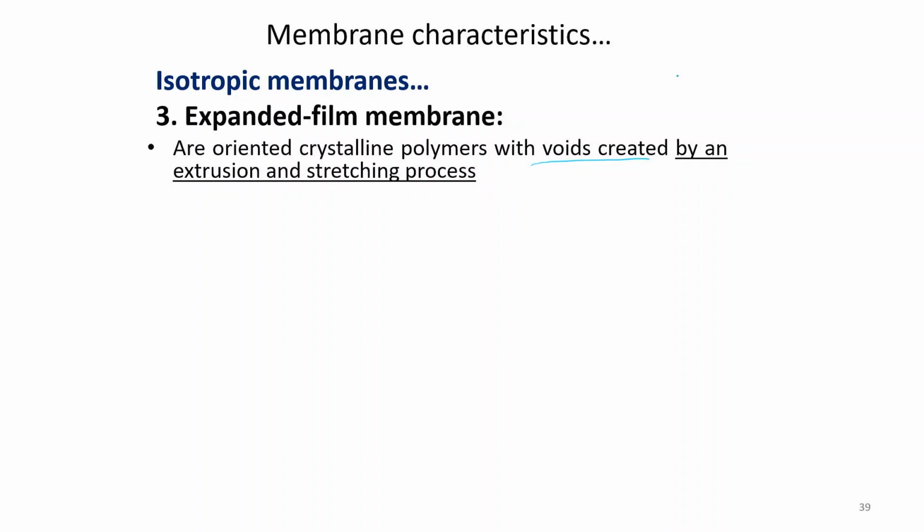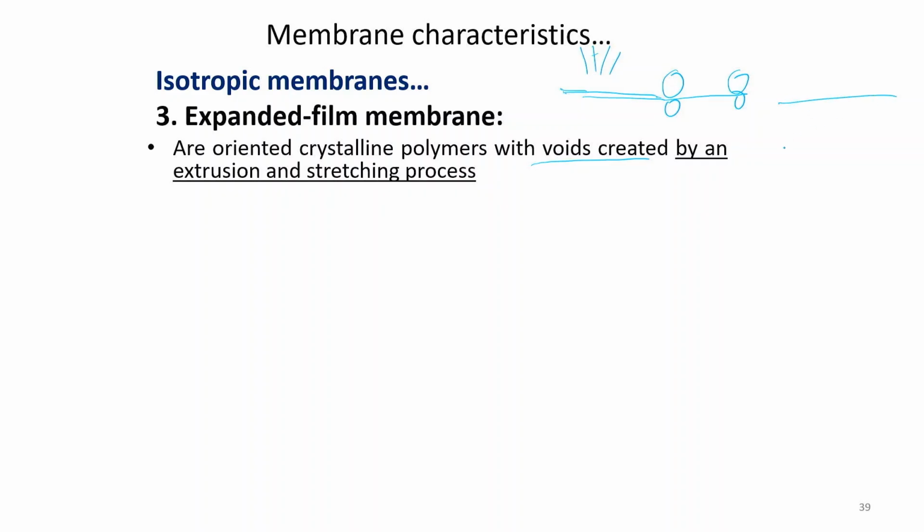So, a polymer is extruded and forms the film, and the film is stretched, and when we stretch the polymer, we create the voids and cracks.